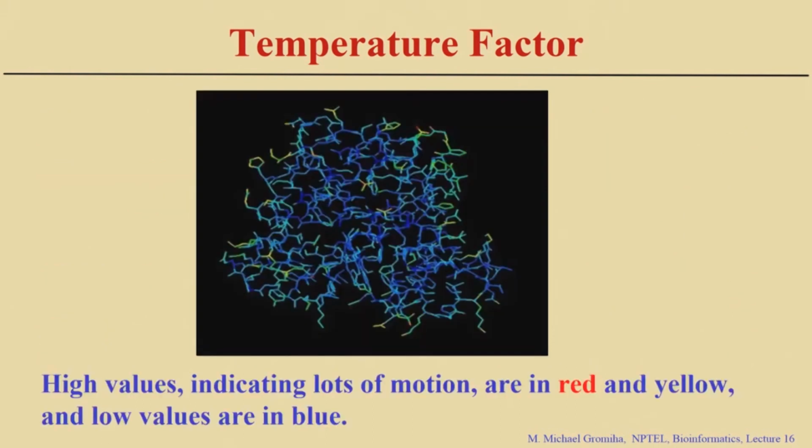Here I show the picture. You can see different colors: some are blue, and some are yellow and red. The blue ones have low values. What is the meaning of low values? They are rigid, not low flexibility, they are rigid. If it is yellow or red, then they have a lot of motion and are highly flexible.